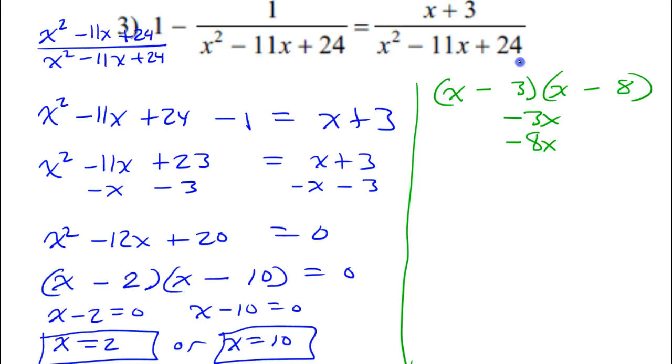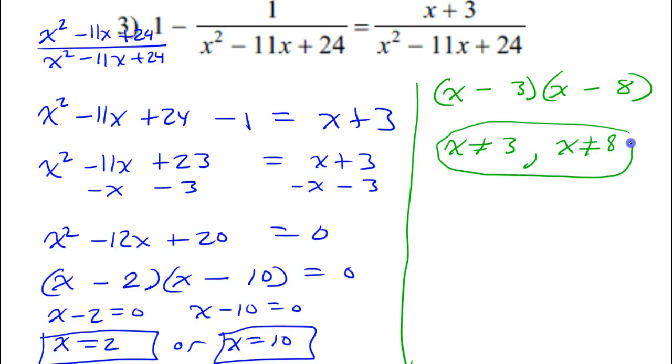And a negative times a negative is a positive for my positive 24. So this is how you would factor this, which tells me that x cannot equal 3, x cannot equal 8. Those are my excluded values. So neither of these are excluded, so those are my solutions, 2 and 10.